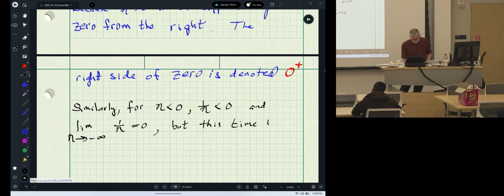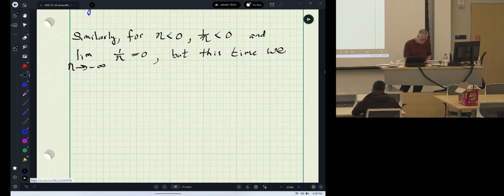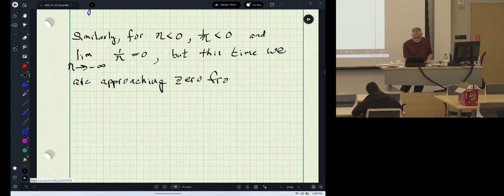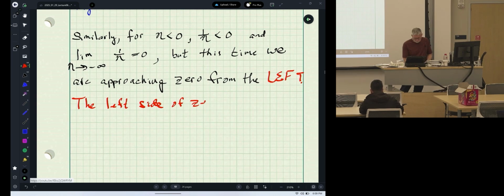But this time we are approaching 0 from the left. The left side of 0 is denoted 0 minus.